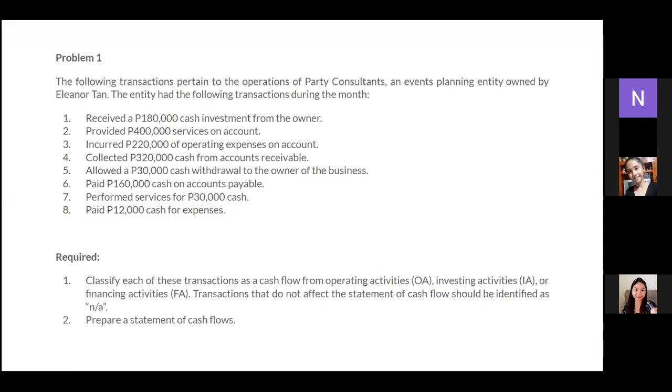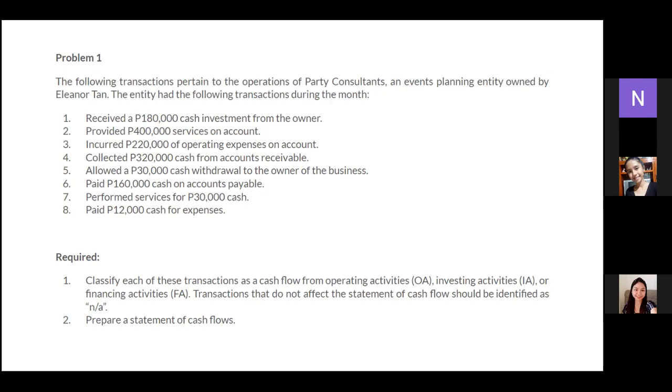So, thank you, Miss Aviles. So now let's move on to the sample problems. Problem 1. The following transactions pertain to the operations of Party Consultants, an events planning entity owned by Eleanor Tad. The entity had the following transactions during the month. First transaction: receive a 100,000 cash investment from the owner.